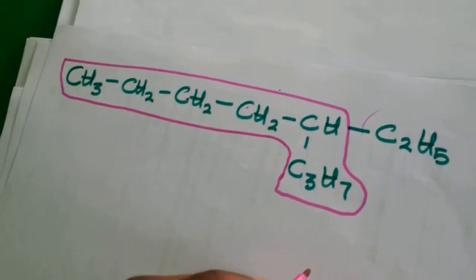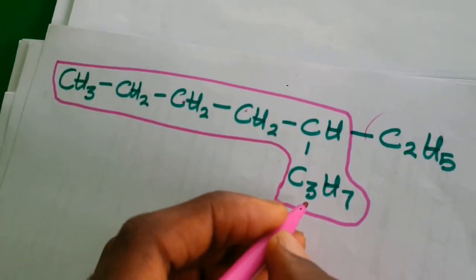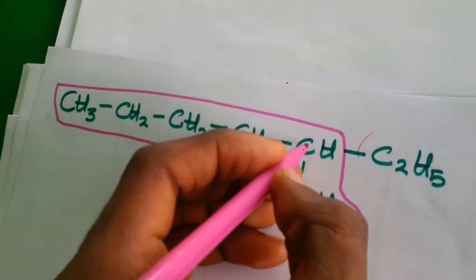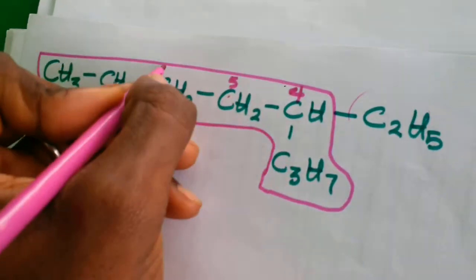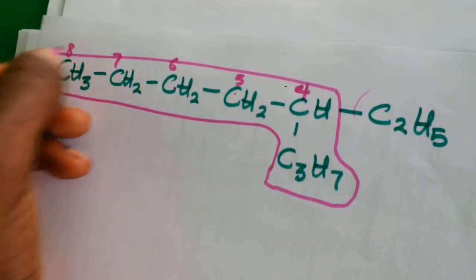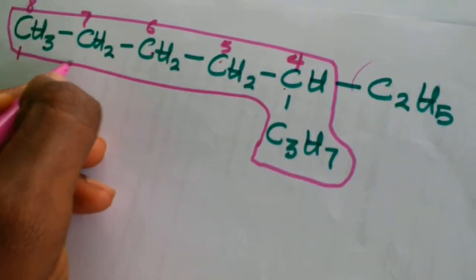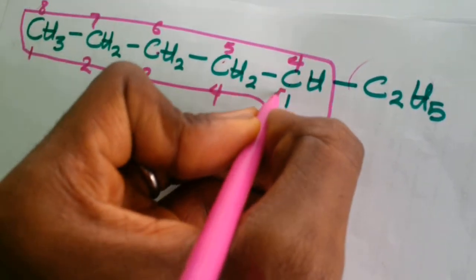Now, if we start our numbering from here, this will be 1, 2, 3, because this is C3, then this carbon will be 4, 5, 6, 7, 8. But if we start our numbering from here, this will be 1, 2, 3, 4, 5.